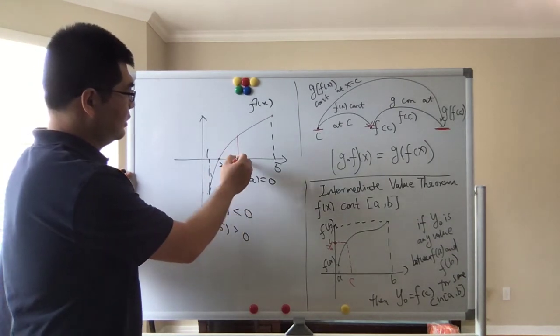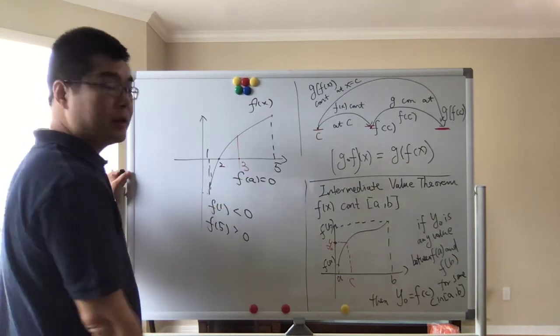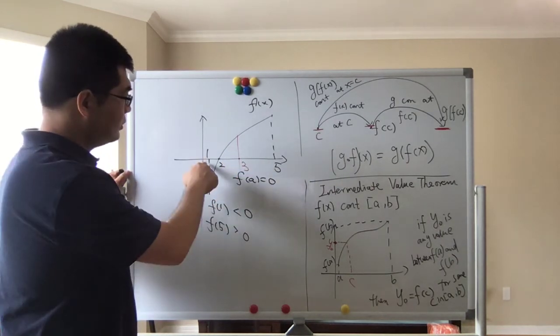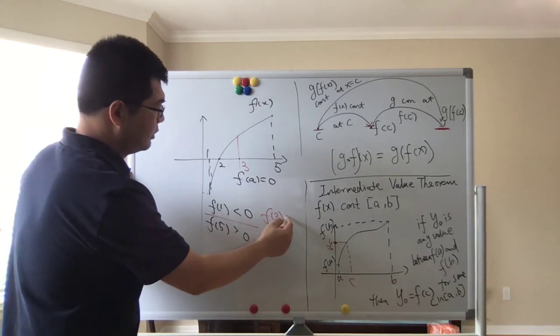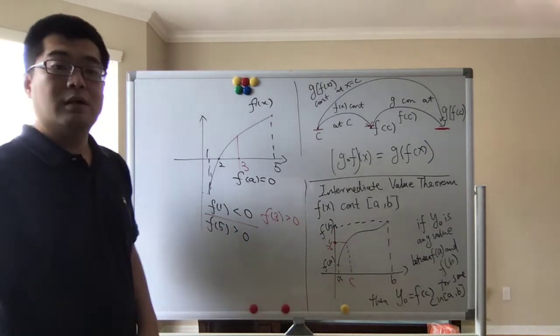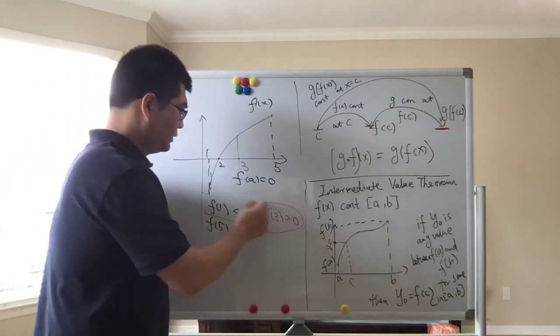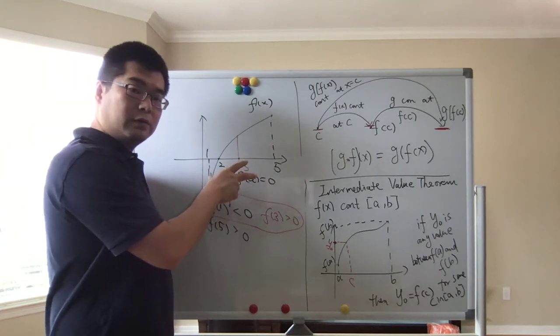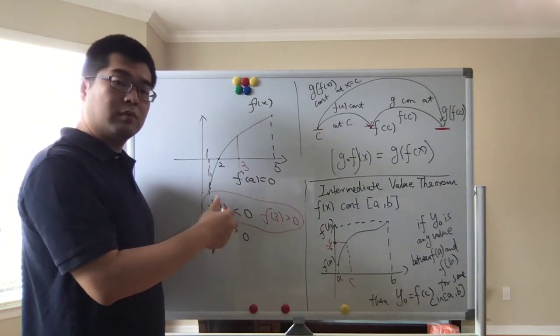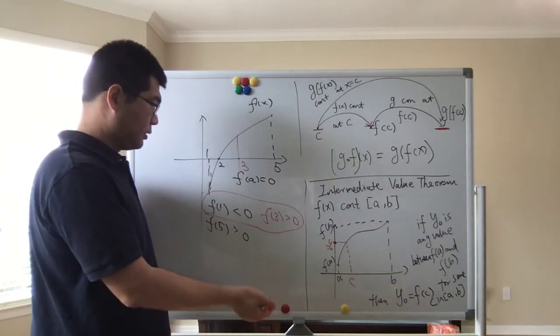So this is going to be 3, right? You can still evaluate: f of 1 is negative, and f of 3, do you agree, is positive? So do you see that, guys, with this new condition I can shrink my interval to make the location more precise compared to the previous one.